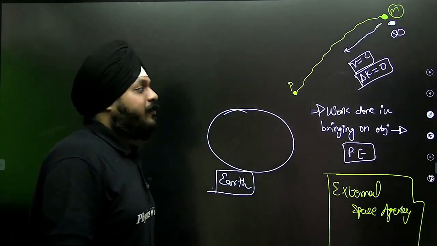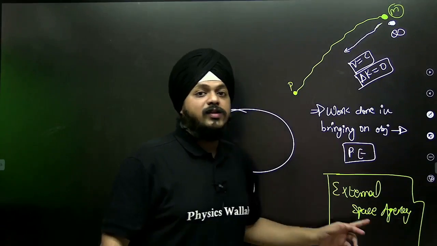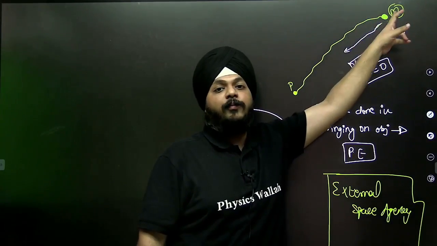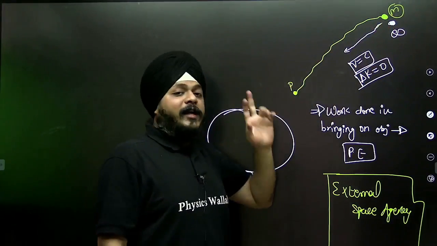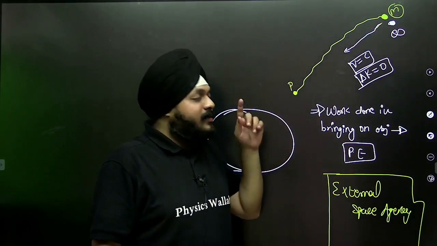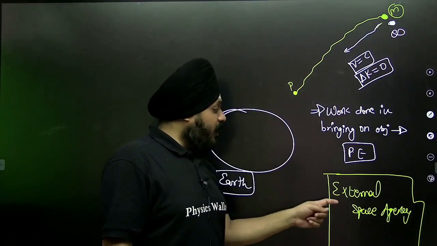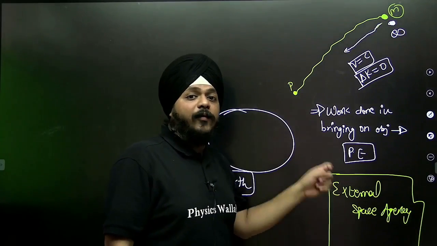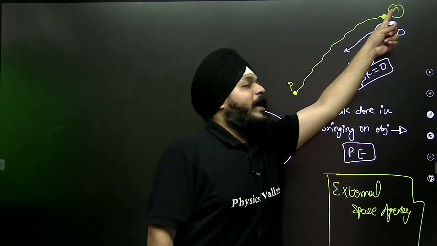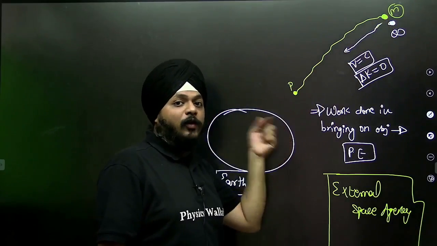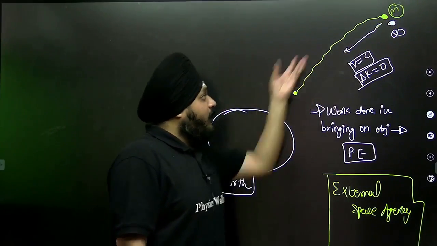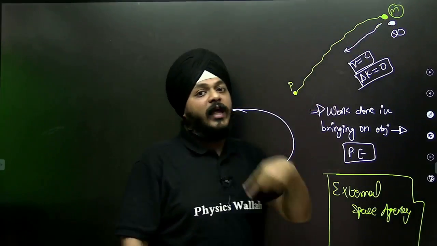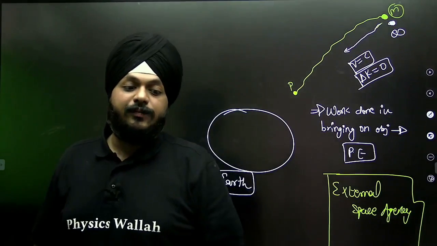In summarized form, whenever an external agent brings a mass from the infinite position to a point in the gravitational field, if the external agent is doing work, then it always comes with constant velocity. If Earth is attracting, then velocity may get changed.